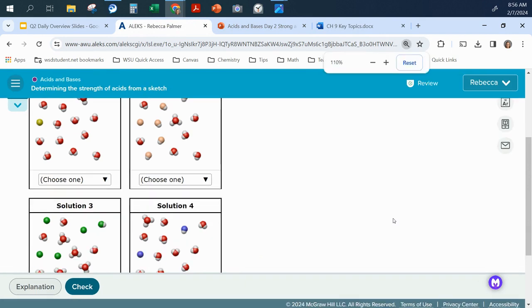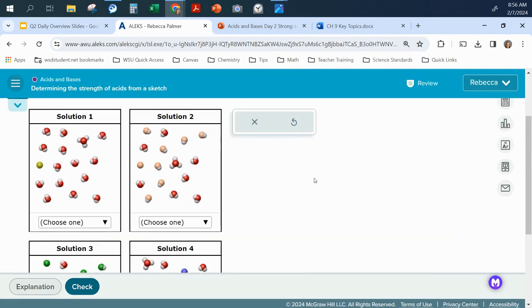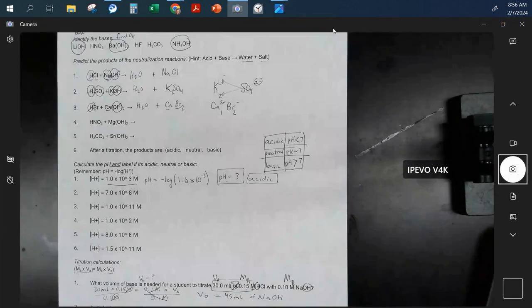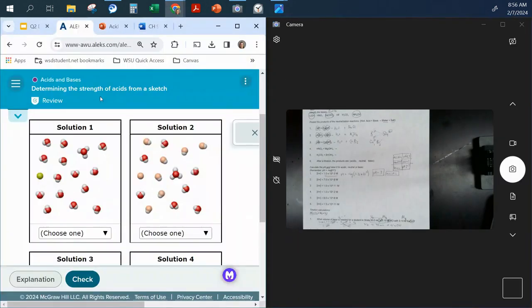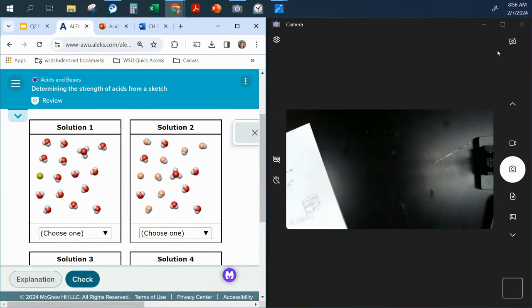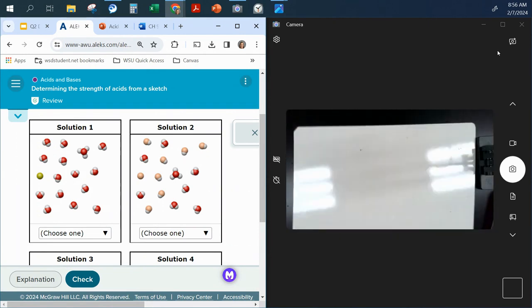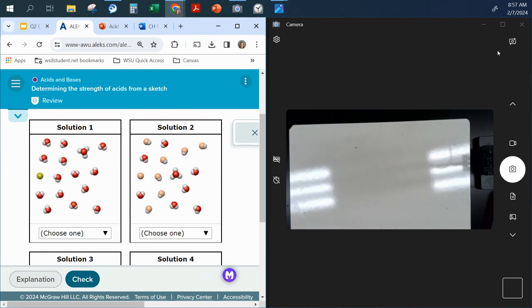Okay, so we have to go back to something we did when we did the equilibrium expression. Let me pull up my whiteboard and I'll do this one off the whiteboard. Remember, I think in chapter 6 we talked about the equilibrium expression.